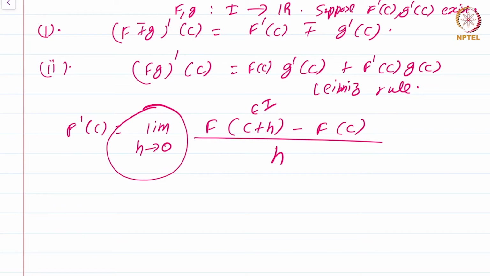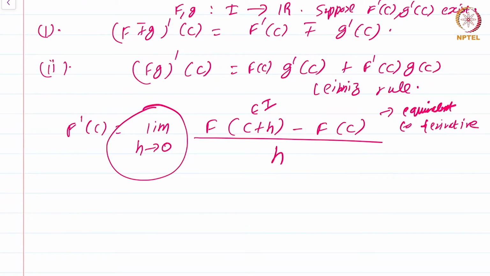That this is equivalent to the usual definition involving f of x minus f of c by x minus c as limit x going to c is very easy to see. This quotient will exactly be equal to that quotient in the limit.